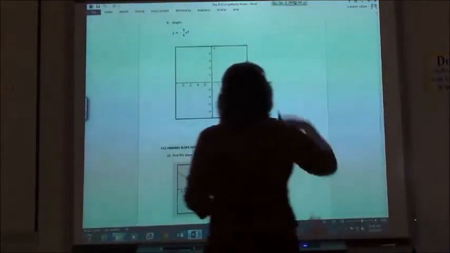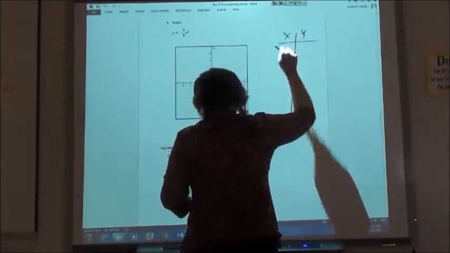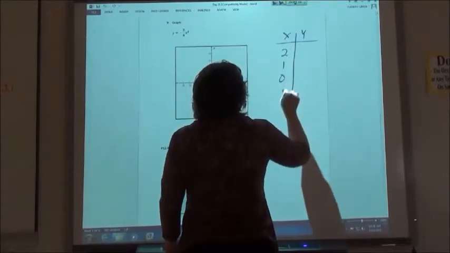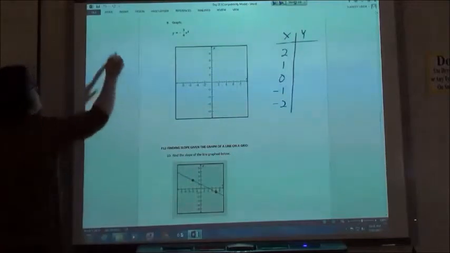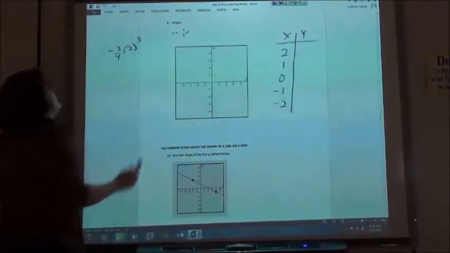All right, so when I make my table, what number should I use? Use 2, 1, 0, -1, -2. Okay, so -3/4 times 2 cubed.